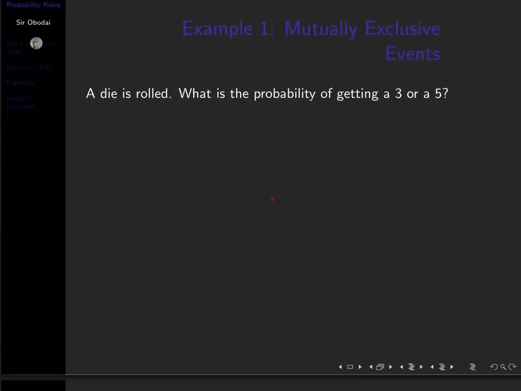The first one says a die is rolled, and what is the probability of getting a 3 or a 5?